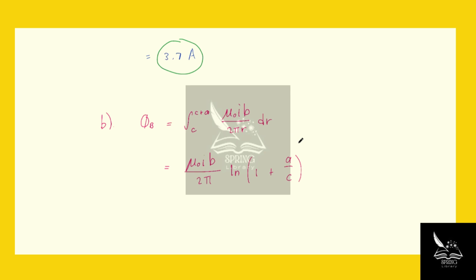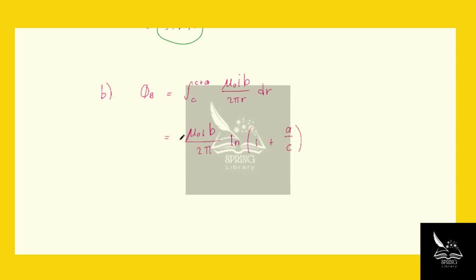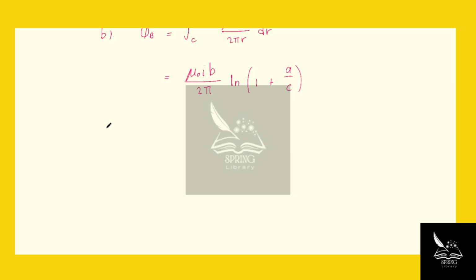So therefore, the EMF induced in the small loop at t equals 200 microseconds is epsilon, which is minus n times the rate of change of flux, d phi B dt.